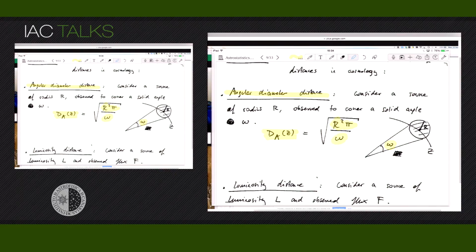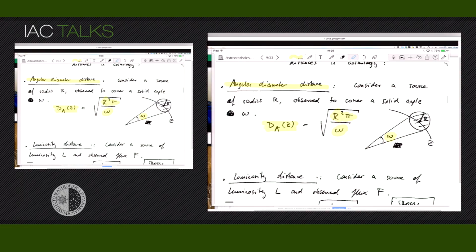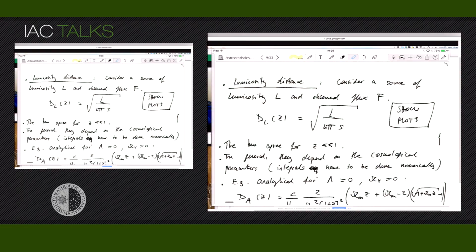So if you have an object with known size and you can measure its apparent size on the sky, then you can measure the angular diameter distance to it because of the definition of angular diameter distance. Or we can define the luminosity distance.